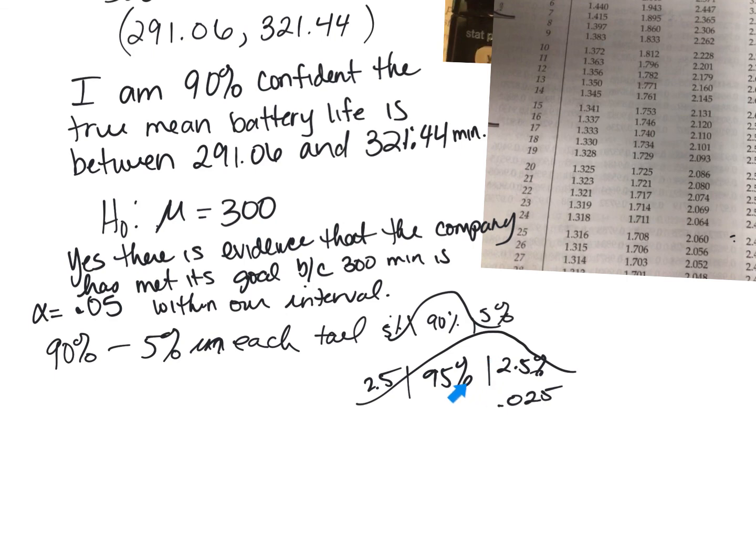A 95% confidence level means a 2.5% alpha level, 0.025. Because that's how much is left in the tails, because the 95% is in the middle. Okay? So our alpha level was chosen for us by the fact that it gave us a 90% interval. Okay, yes.